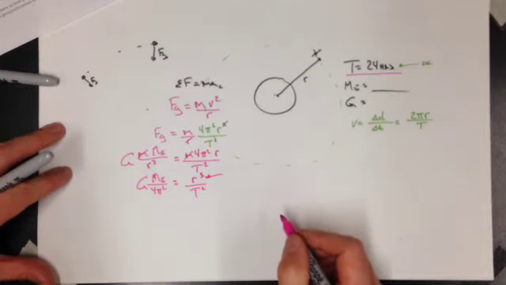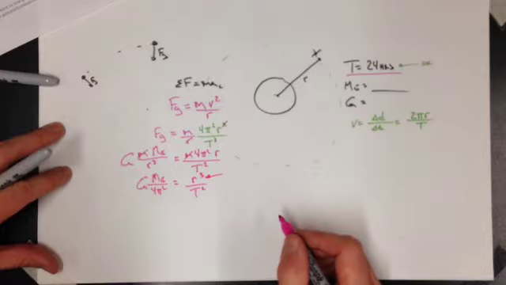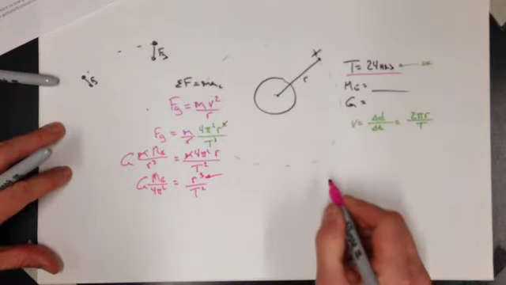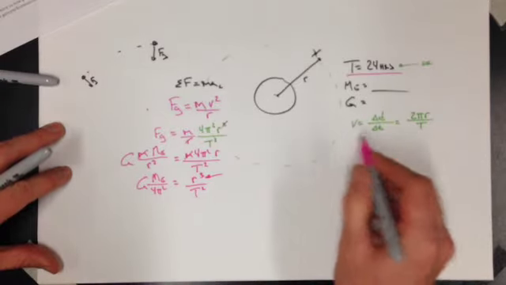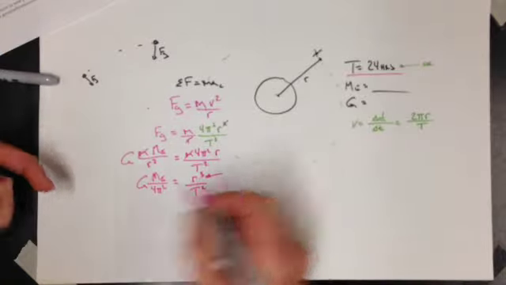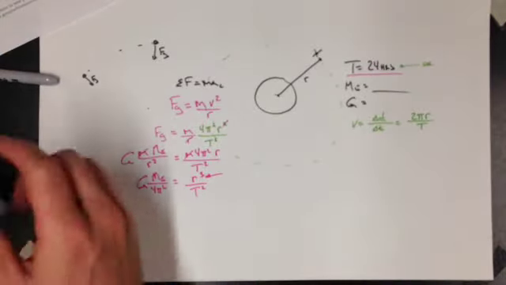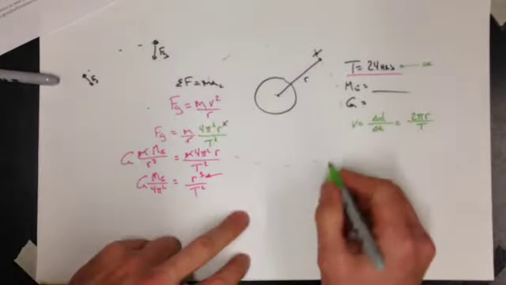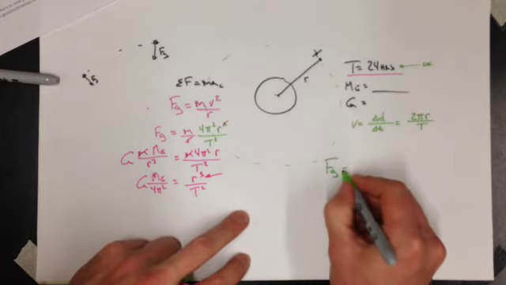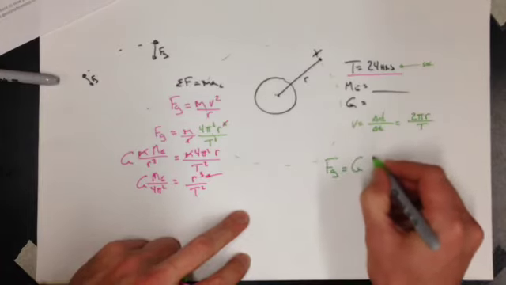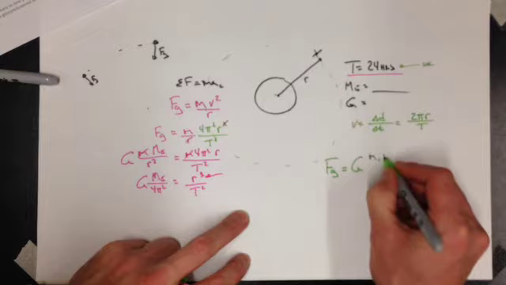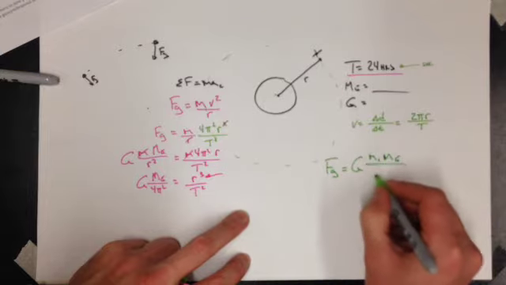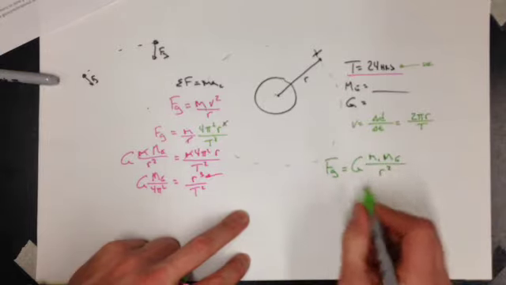What would the gravitational field strength be at this point? Oh, so if we're looking for gravitational field strength, we're looking for what Fg is. So I will solve Fg is equal to G m1 m of the Earth at this distance over r squared.